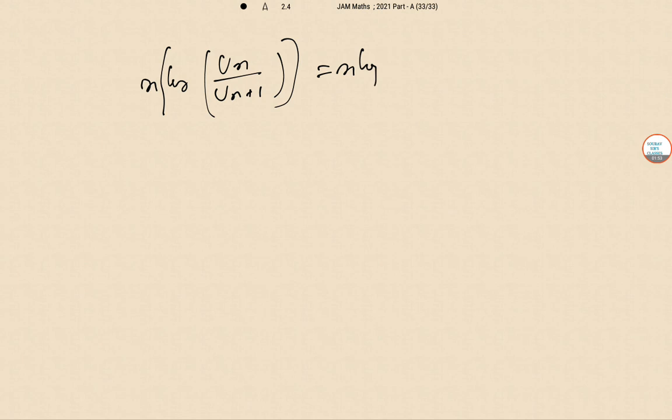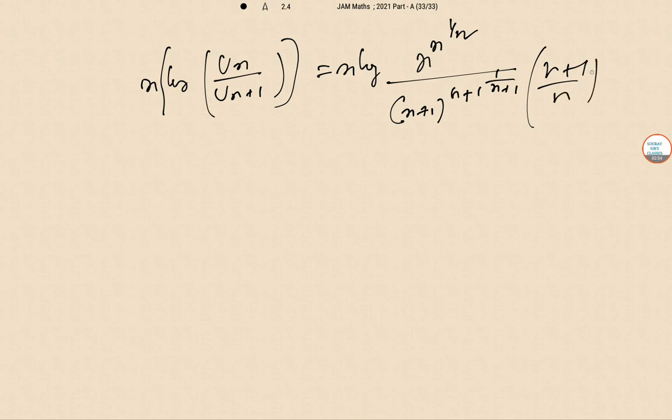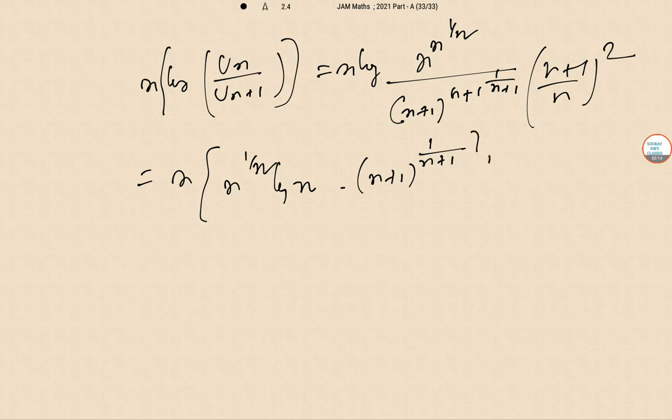So n log of n to the power 1 by n square over n plus 1 to the power 1 by n plus 1 squared, which gives n to the power 1 by n log of n minus n plus 1 by n plus 1 into log of n plus 1 plus 2n log of 1 plus 1 by n. The square comes down.